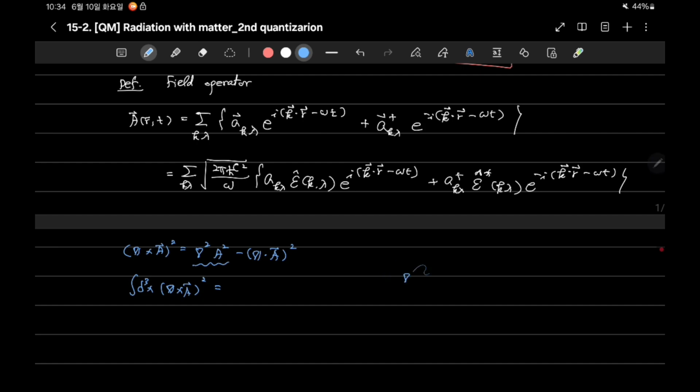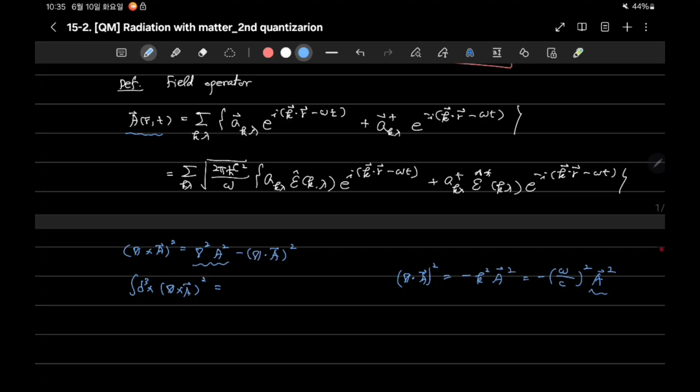Here in the gradient of A, from this definition, the spatial derivative brings down ik and minus ik coming from here. It is squared, meaning multiplication by the complex conjugate. So it is minus k squared A squared, where k is omega over c.